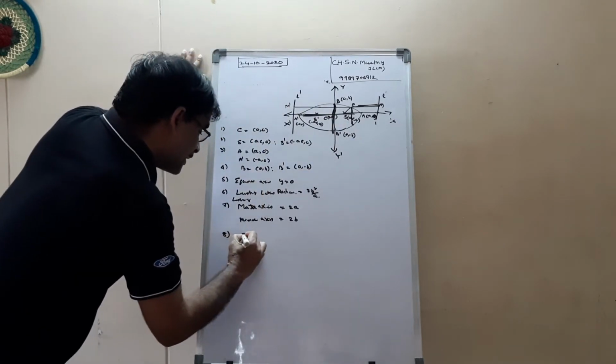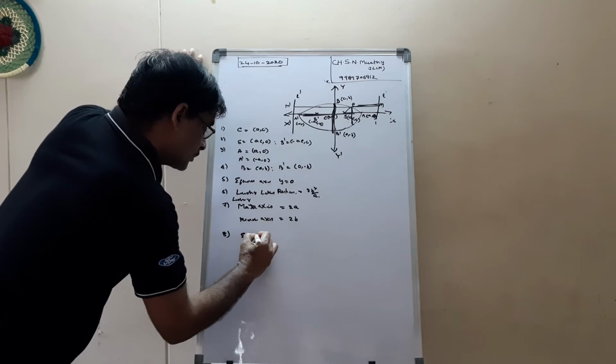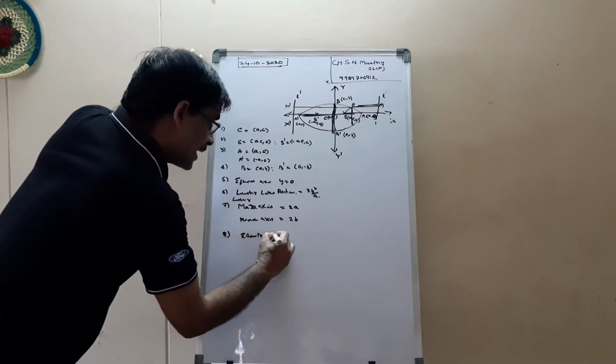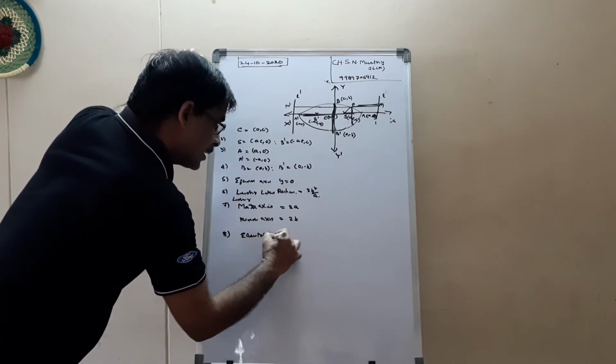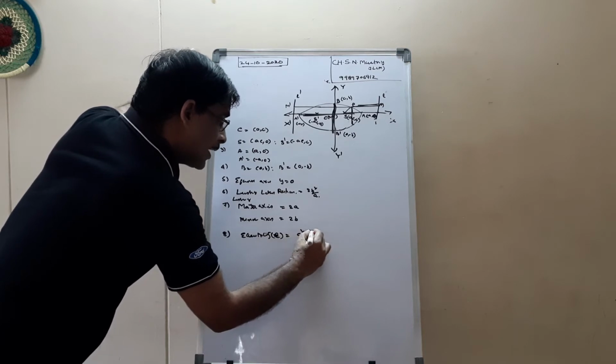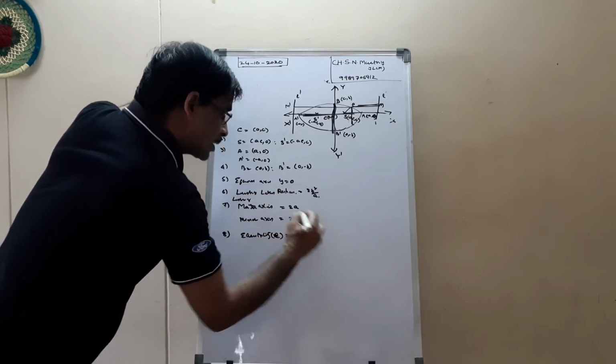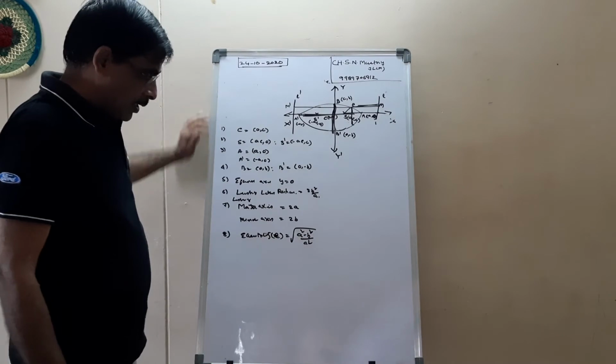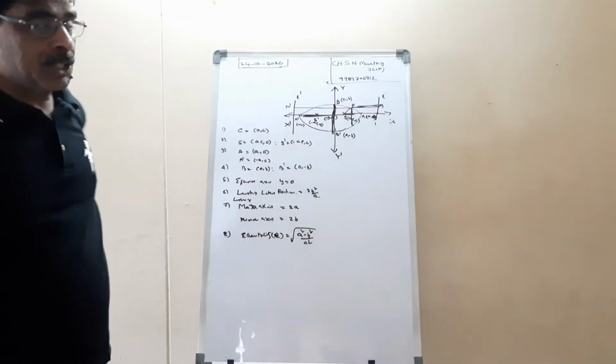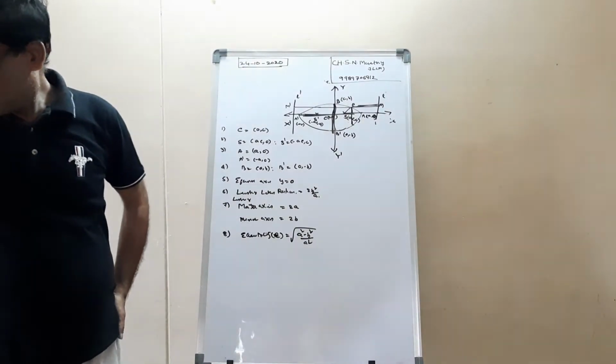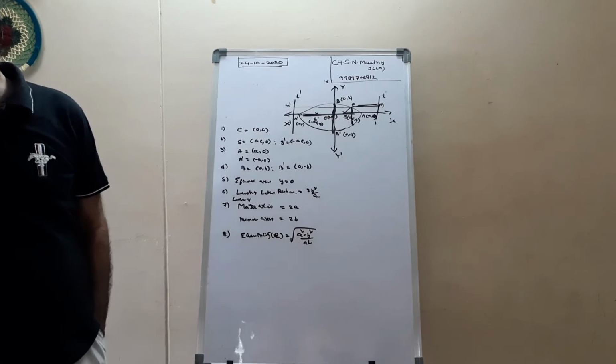Okay, eccentricity. Eccentricity e equal to the square root of a square minus b square by a square, that is root of a square minus b square divided by a. Yesterday I showed that one also to you. Next, is anything given?